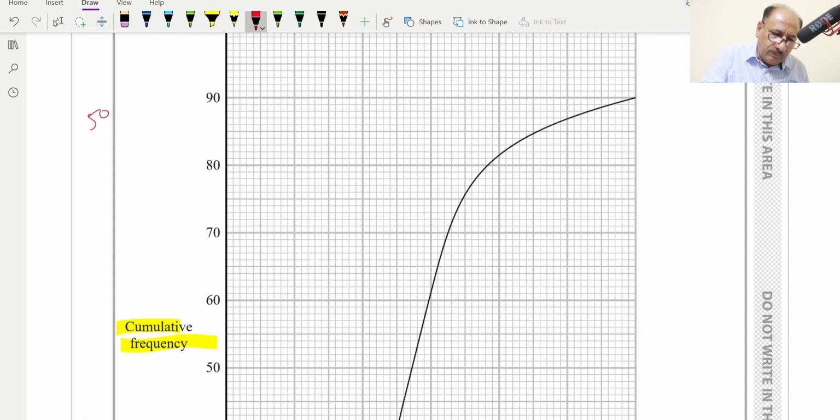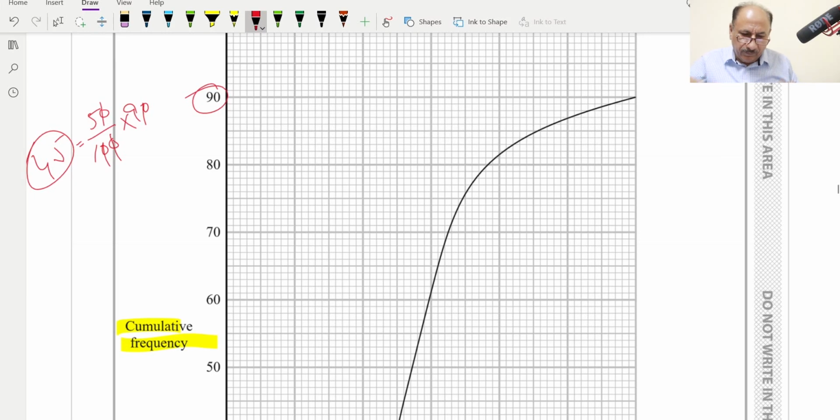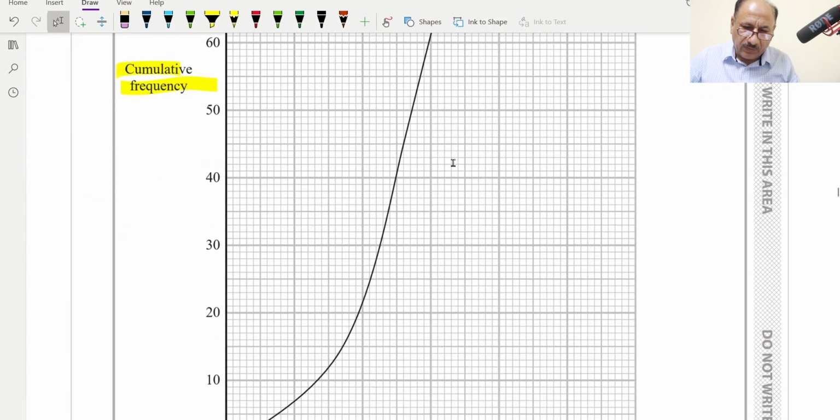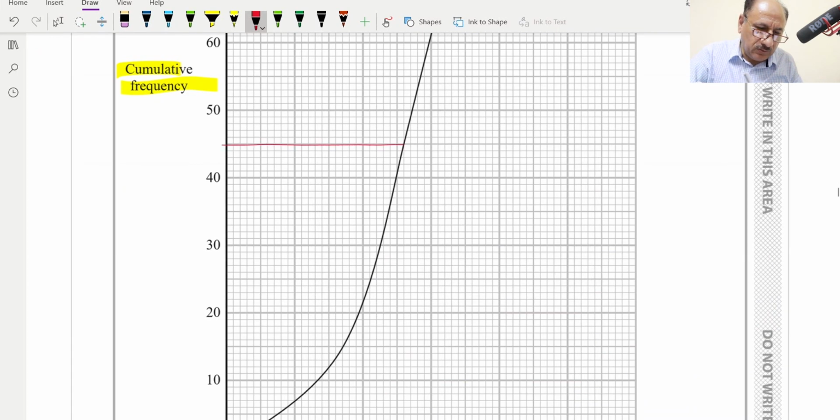So 50% of 90, because the maximum value is up to 90, so we'll be taking 90. 50% of 90 will be 45. So we will check for 45 and mark it.